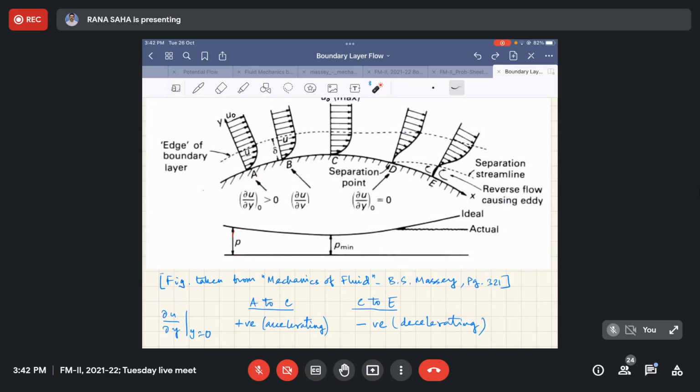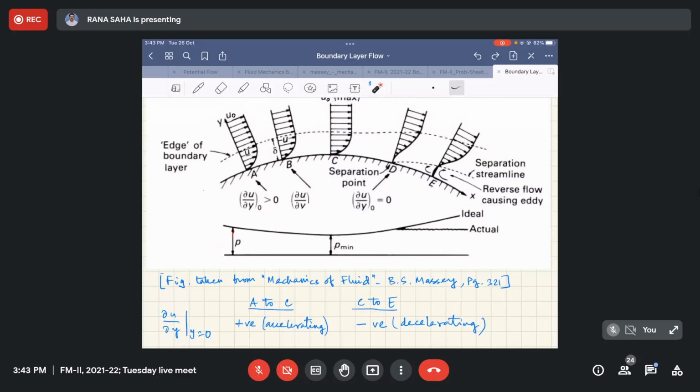Because we know that because of the no-slip condition, your flow velocity will be 0 at the boundary. That is also a reason the flow always tries to attach itself to the boundary. But if it is a curved surface, due to change in pressure this kind of situation may occur, and the moment it happens, from that point onwards the pressure will remain more or less the same.